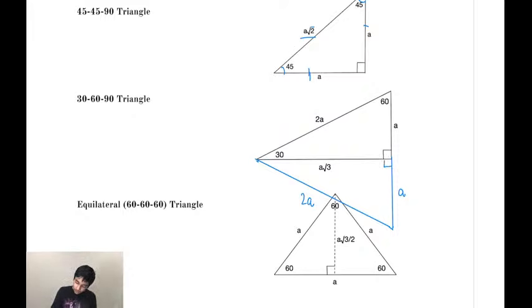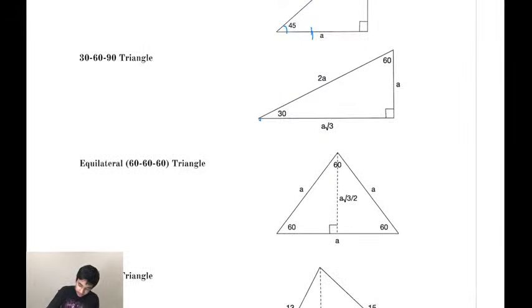Since this is 90, we see 2a squared minus a squared, the square root of that is going to be a root 3. And as I'm about to discuss next, the equilateral triangle diagram already drawn there is a 60-60-60 triangle, and this is going to be a root 3 here. This just derives from 30-60-90 triangle properties, or from the Pythagorean theorem.